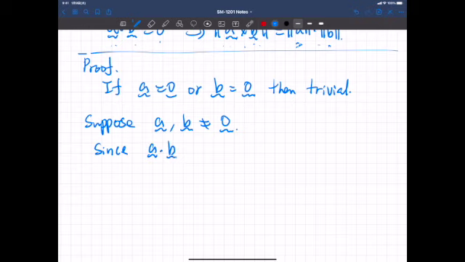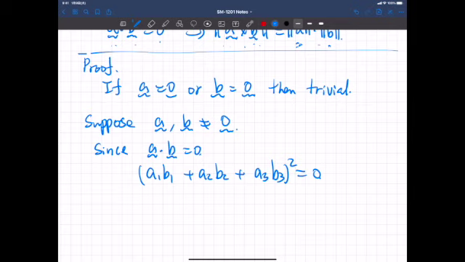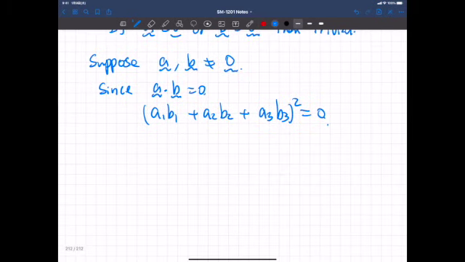Since A dot B is 0, we have A1 B1 plus A2 B2 plus A3 B3 equal to 0. This is just the definition of the scalar product. If we square both sides, the right hand side is still 0. Then expand the left hand side.